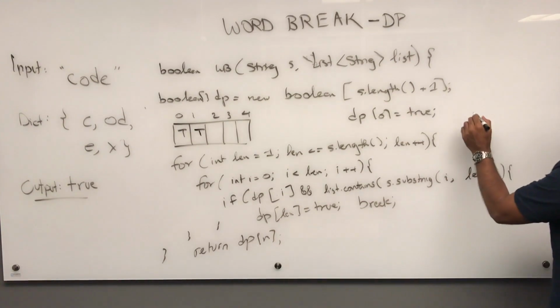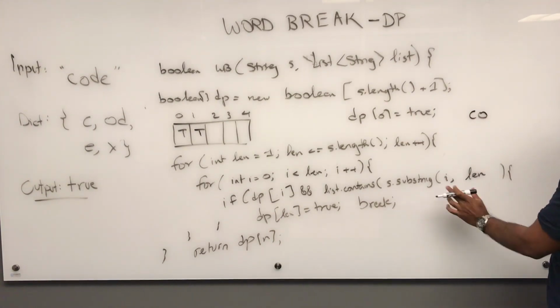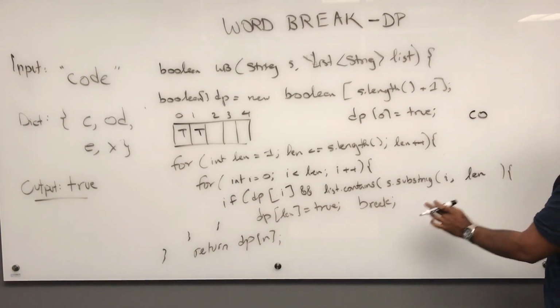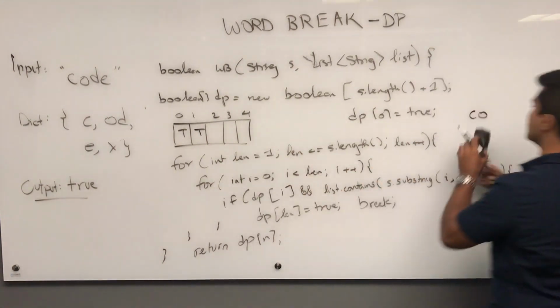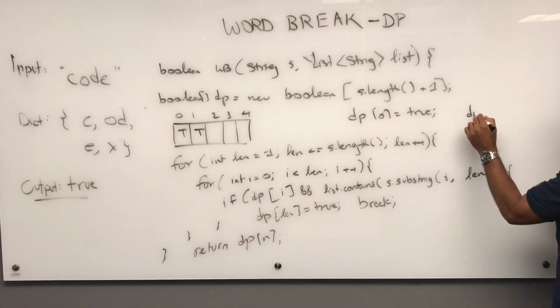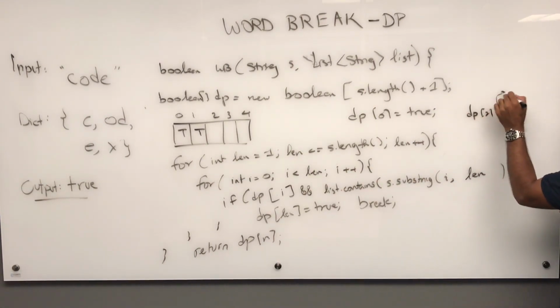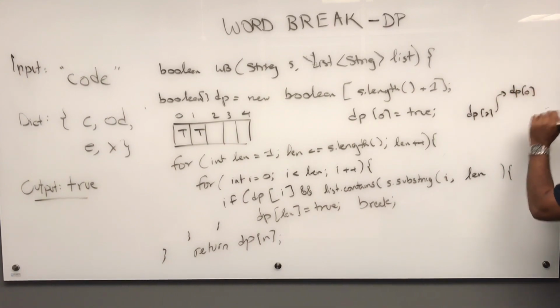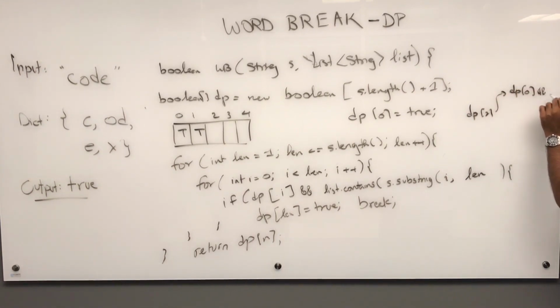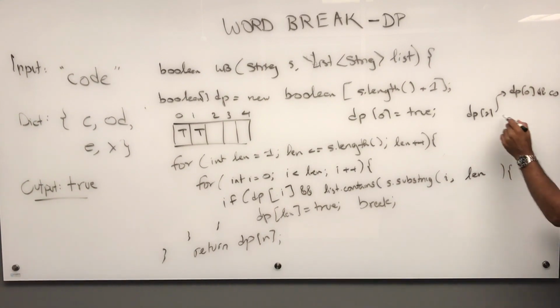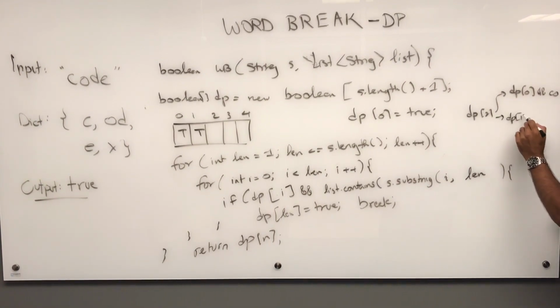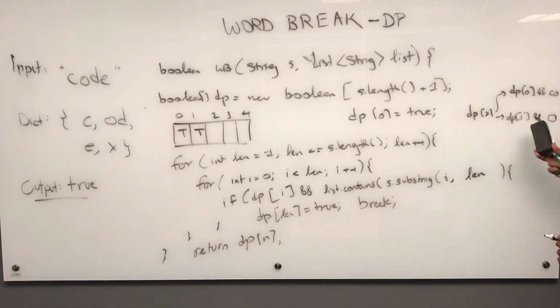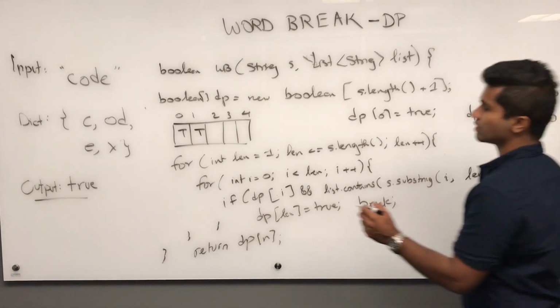Now we look at CO, right? When we're looking for dp of 2, we check it with dp of 0 and CO. CO doesn't exist. Then we check it with dp of 1, and we check with O. And that's false. So this is going to be false.